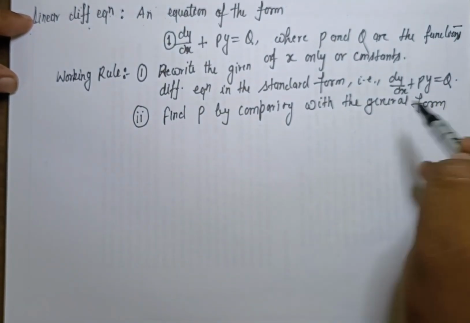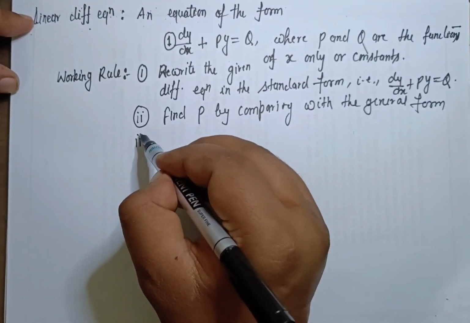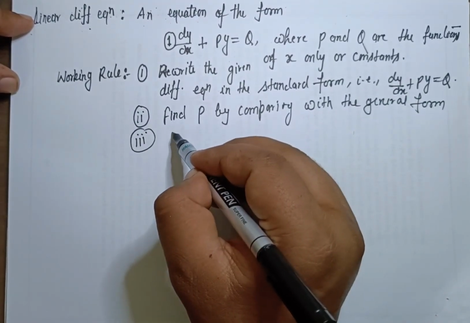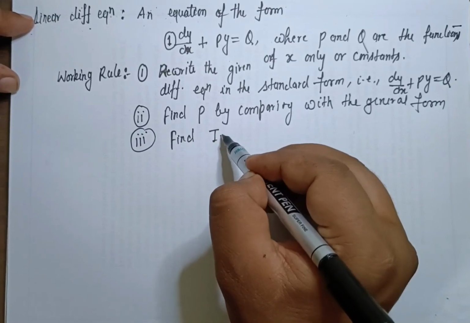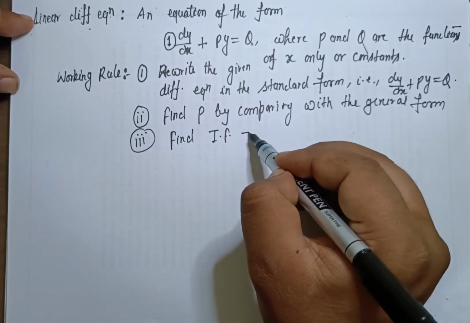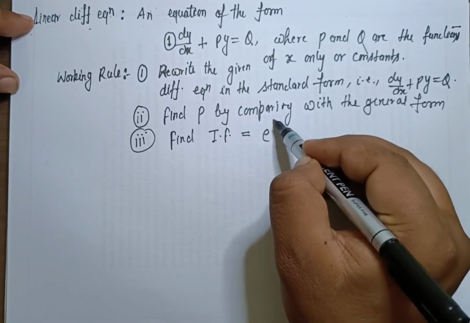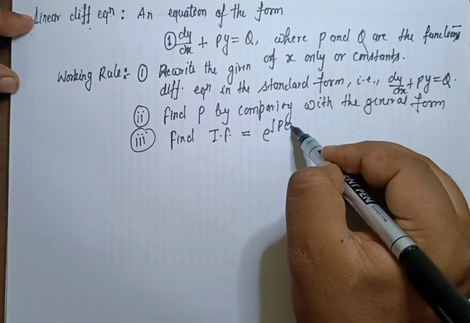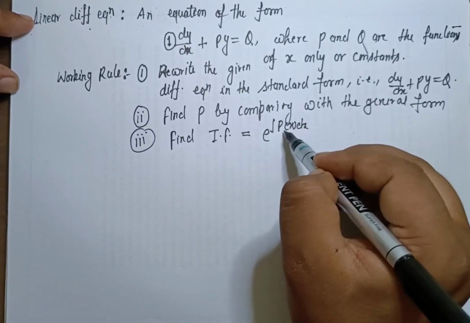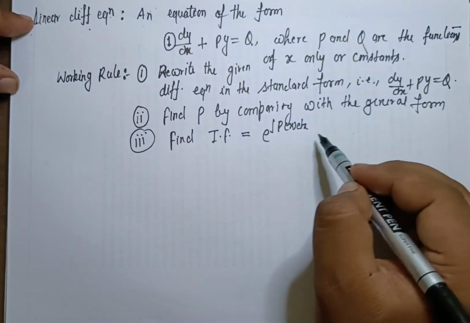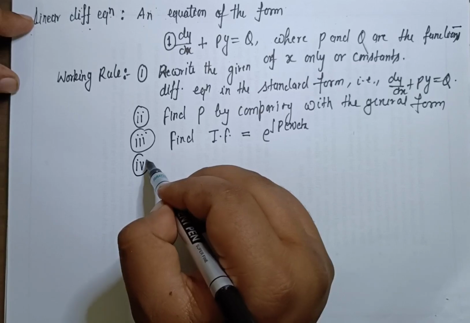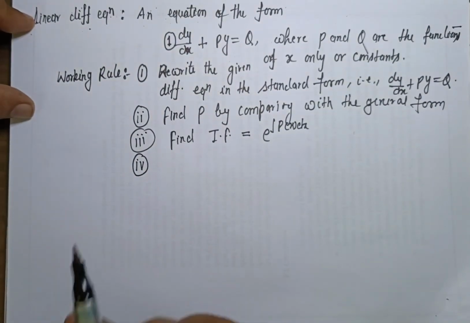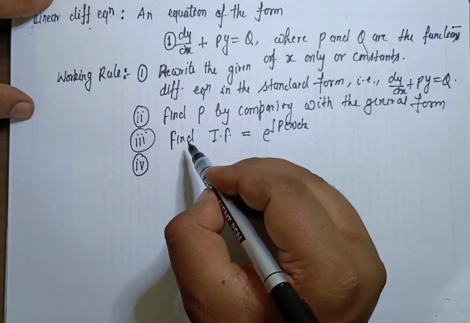The third step is to find the integrating factor, that is e to the power integration of p dx. P is a function of x or constant only. In the fourth step, we find the solution.